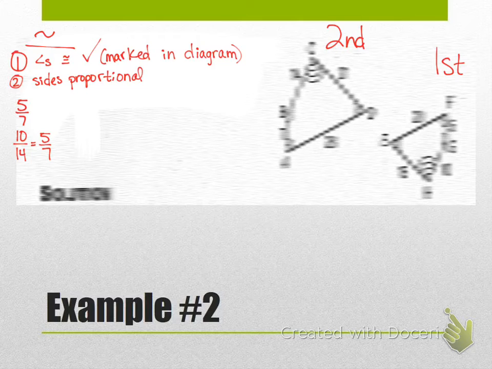We've got 4 sides, so we better be doing this 4 times. What's my next biggest side? 15 gets compared to, they're both divisible by 3. 5/7 again. We're on a roll. Last one should be the biggest side compared to, divisible by 4. Again, 5/7. So we checked that the sides are proportional.